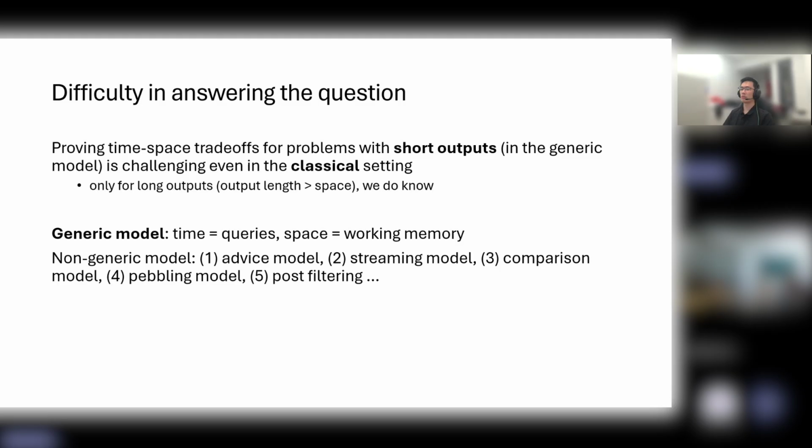There are also some non-generic models. Worth noting is that in the streaming model, we have a very famous result by Ran Raz, a streaming space-time trade-off. There are also some results in the pebbling model. But these are not considered today, because today we're only considering this oracle search problem.